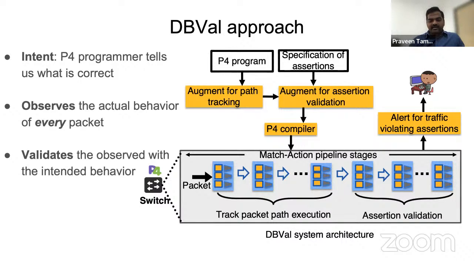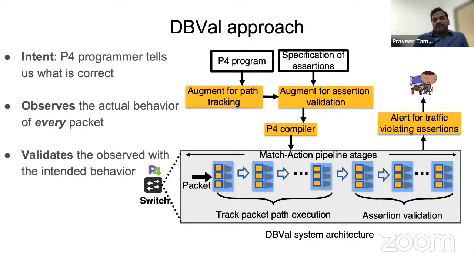Right. So maybe I will also talk about that in the coming slides. The main challenge is that validating every packet means you either send the packet metadata, which captures the actual behavior, and offload it to an external place.